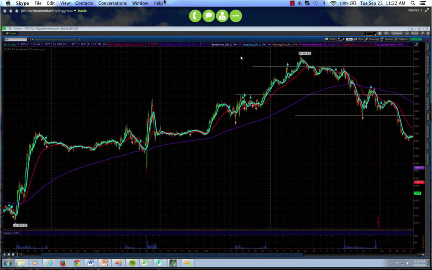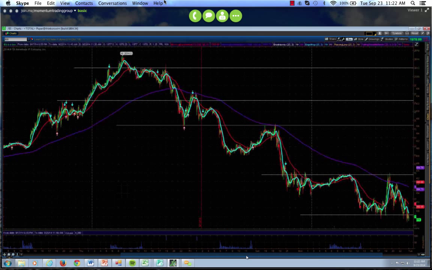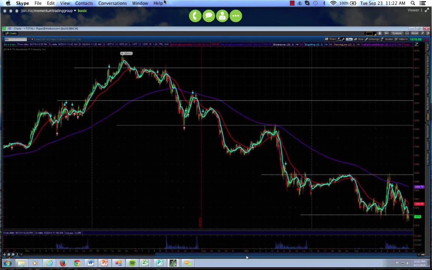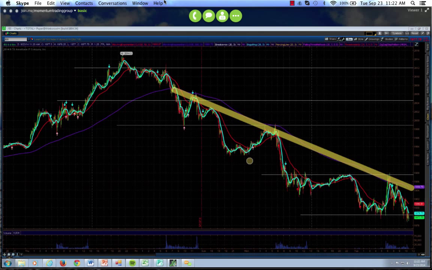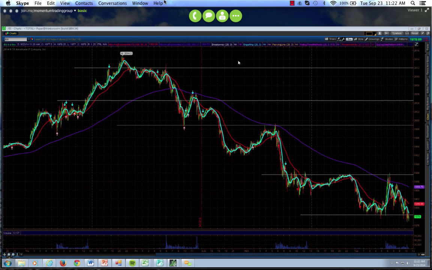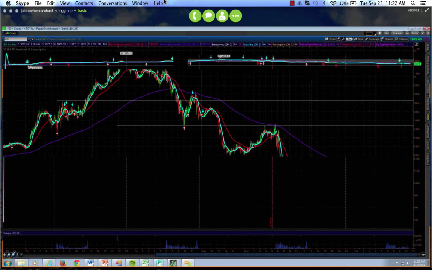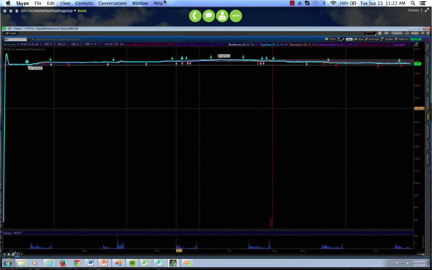Once it broke that level, which again we can see here, it's pretty much gone straight back down from 2004 back to 1978. Now, the one thing we're looking at here is getting back to this level when we talk about support and resistance. Let's go back to this because this is very valuable to be able to see this real quickly.